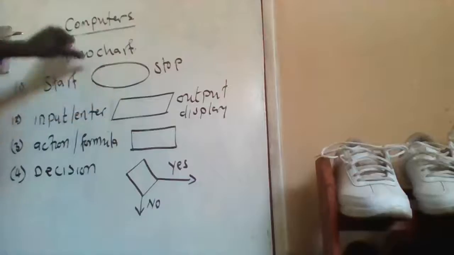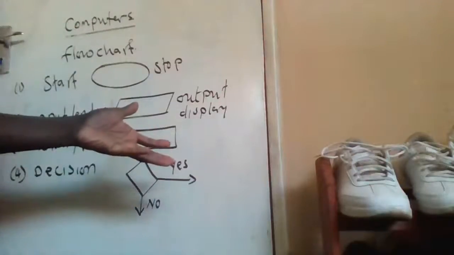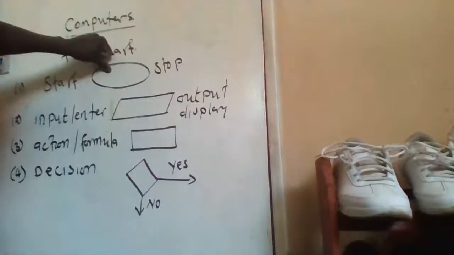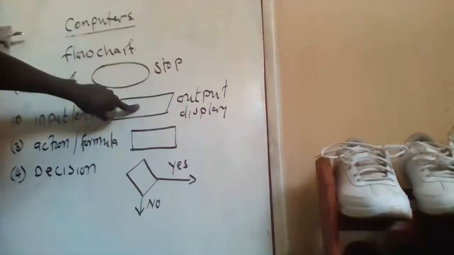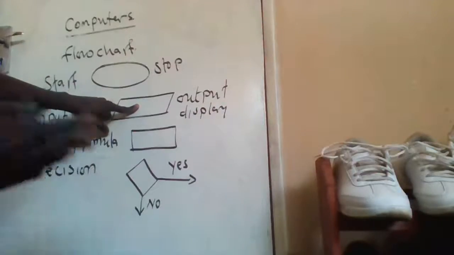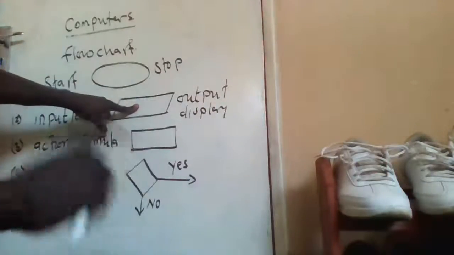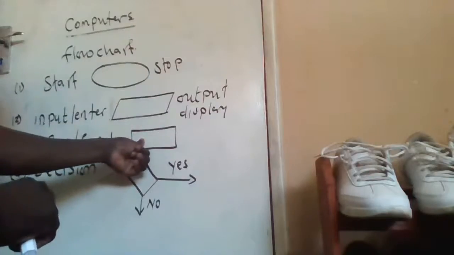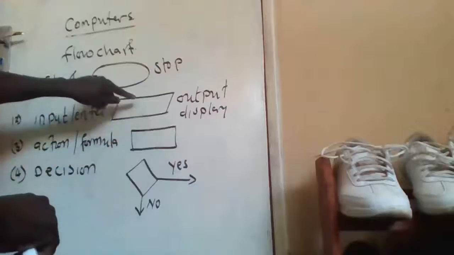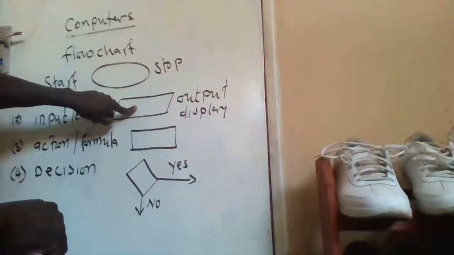You see, an example is a calculator. You turn on the calculator, you enter the figures. On the calculator, you don't write the formula. You just divide. 14 divided by 2. And then the formula, the computer itself will do it. Then thereafter, it's going to display the answer.